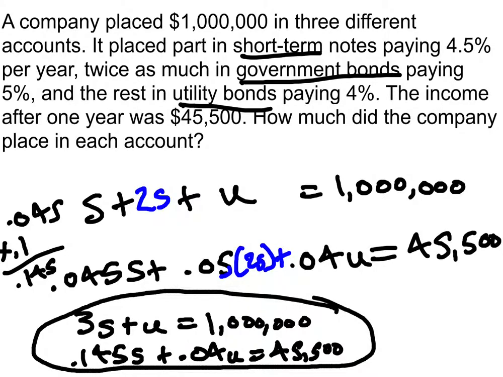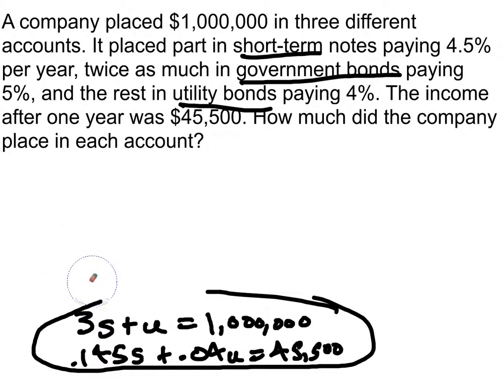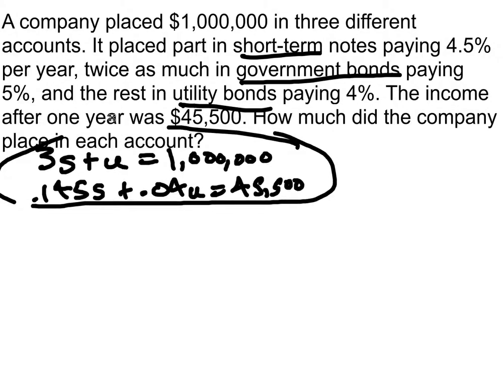I'm going to erase this stuff above and move this up so that I can have some space to solve. Now I need to get rid of the u or the s. Again, I'm going to use substitution because in this case, I don't want to play around with coefficients when I've got 0.145 and 0.04.